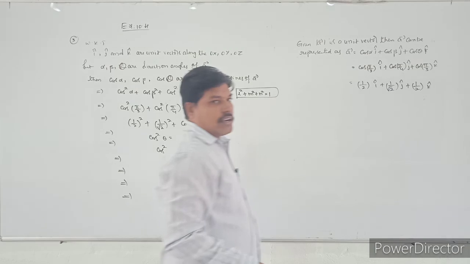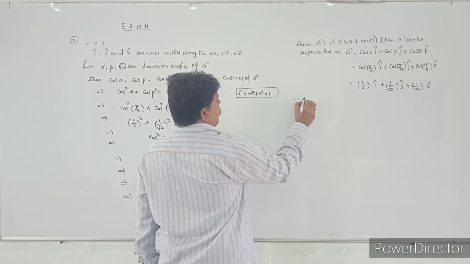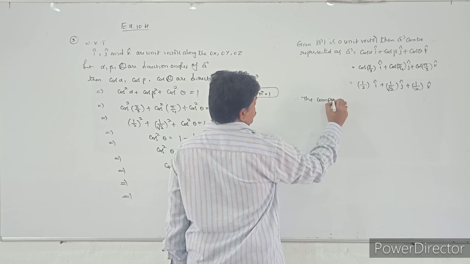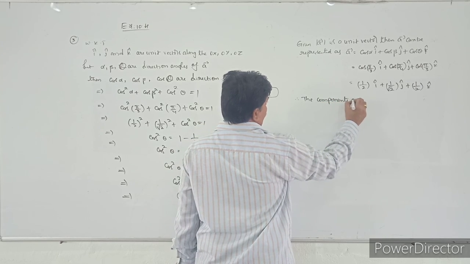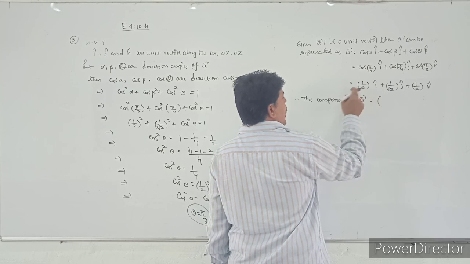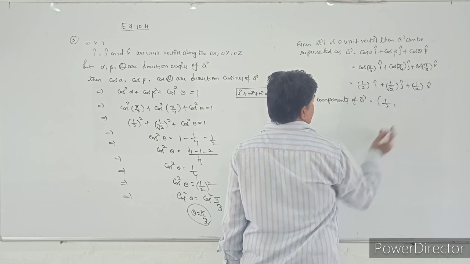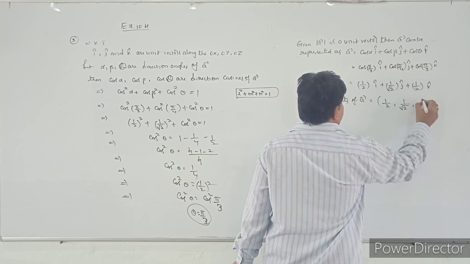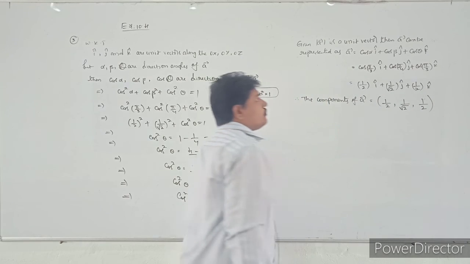So that is the a bar vector. Therefore the components of a bar are: i coefficient 1 by 2, j coefficient 1 by root 2, and k coefficient is 1 by 2.